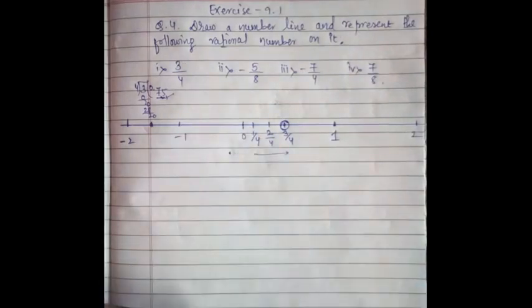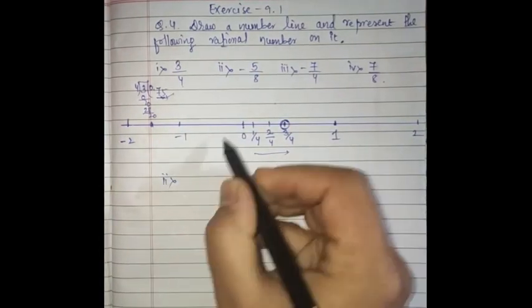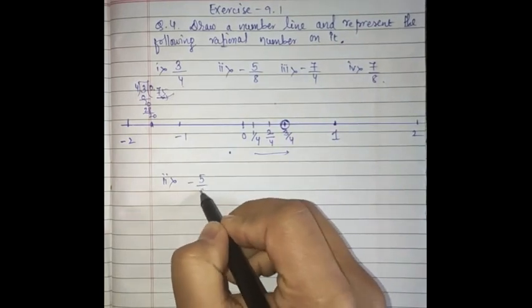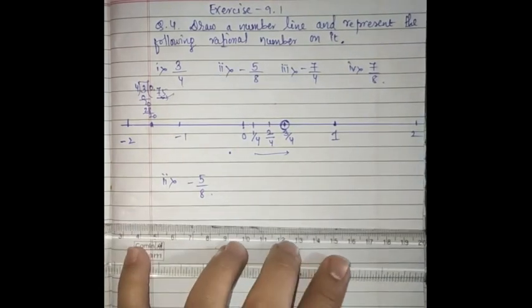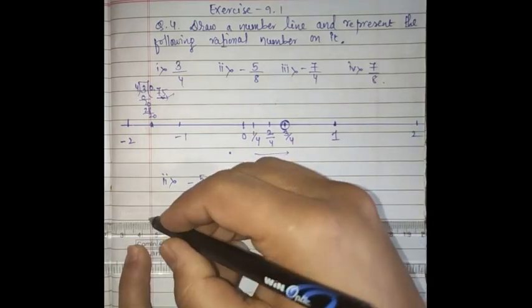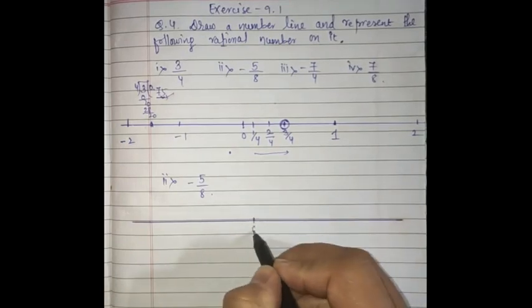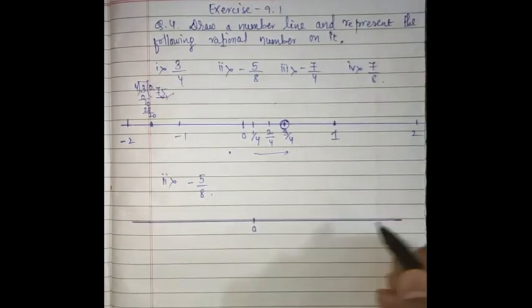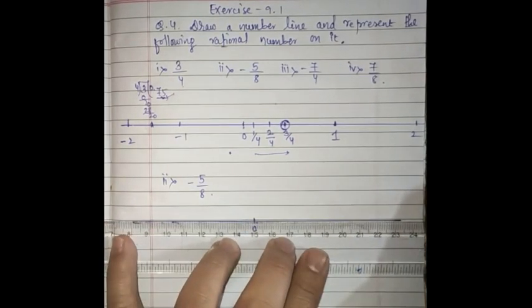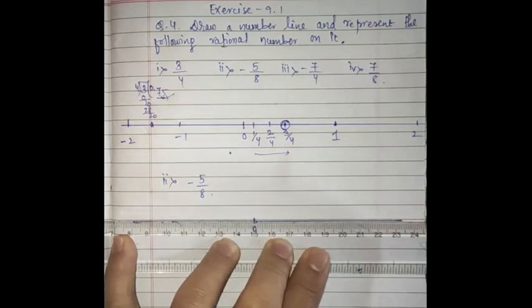So similarly, our next question number 2, to represent minus 5 by 8 in the number line. So let us make the number line again, make it bigger, put 0 at the center first, then make it a little bit bigger, because you are going to get a number that will be in between at least 2, maximum of 2, okay.